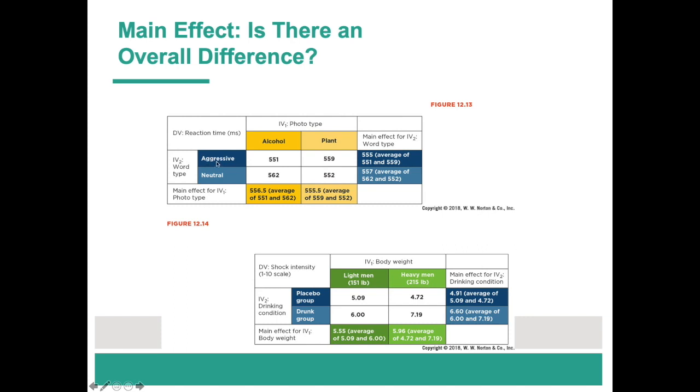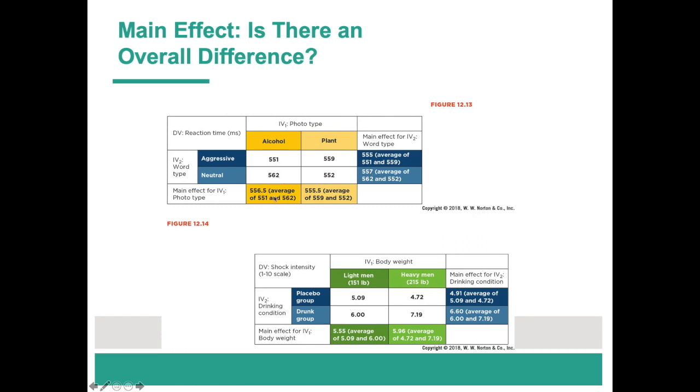So the mean for the aggressive group is the mean of 551 and 559, which is 555. For neutral, it's the average of alcohol and plant, which gives us 557. So the difference between these two is 555 to 557, just 2 points difference.